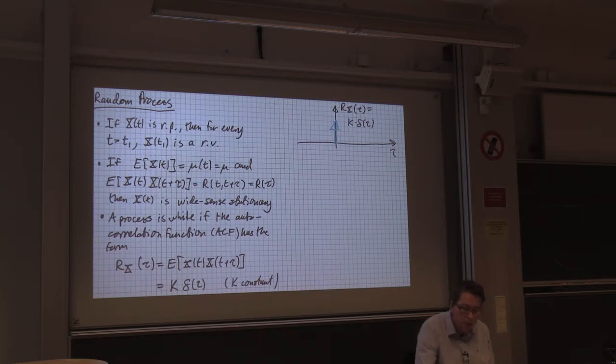Now, the channel noise that we have is usually modeled as white Gaussian noise. So it's a white process where all the random variables in the process are Gaussian.